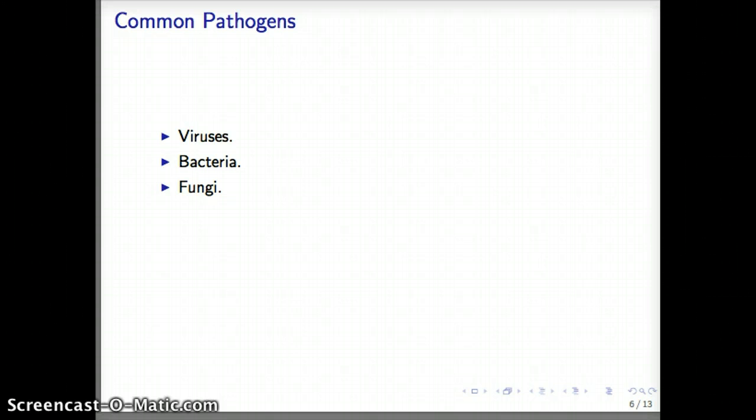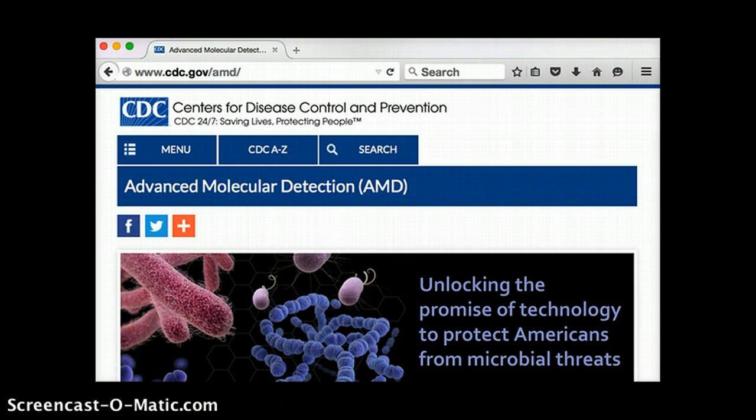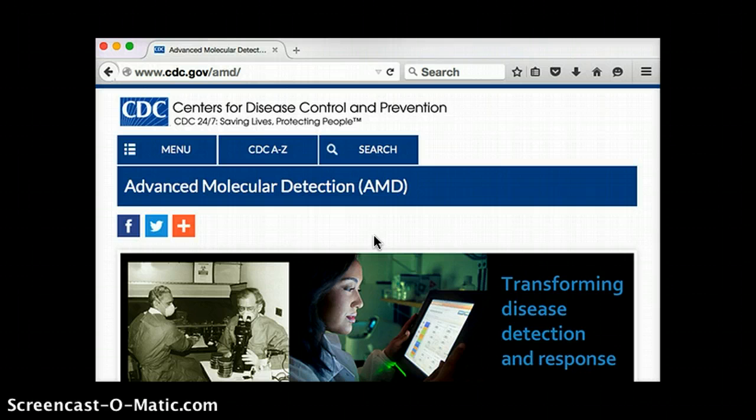There is an excellent repository that is maintained by the Centers for Disease Control and Prevention, and I make a reference here. So here's a view of that website I just mentioned. It's called the Advanced Molecular Detection program.